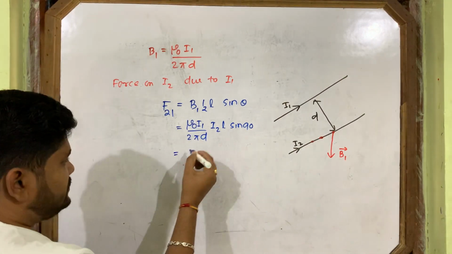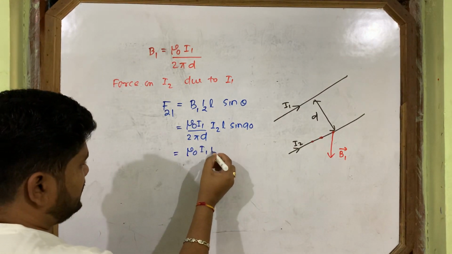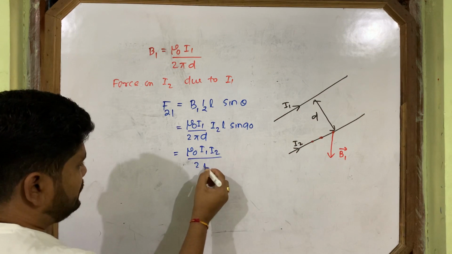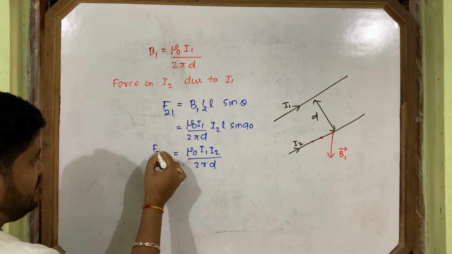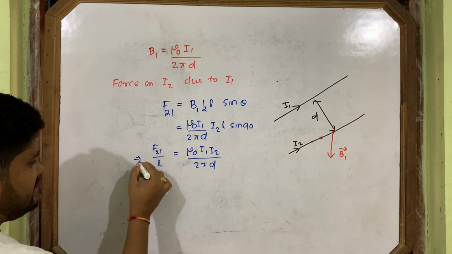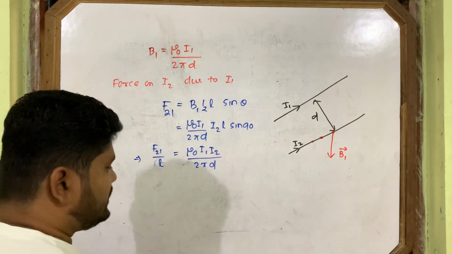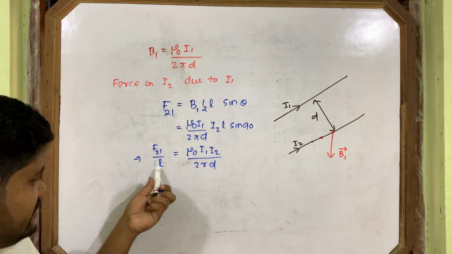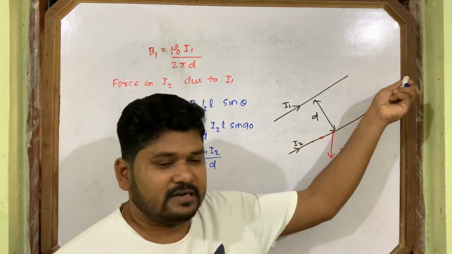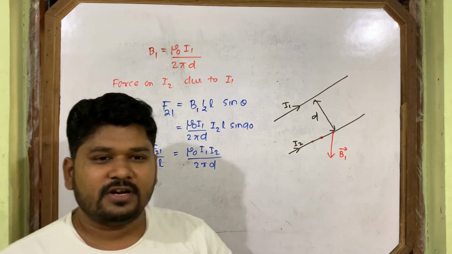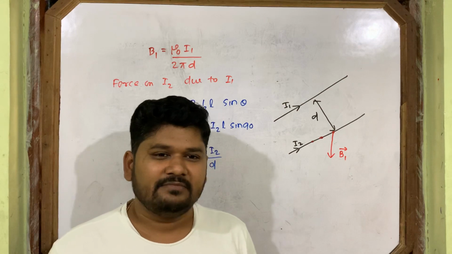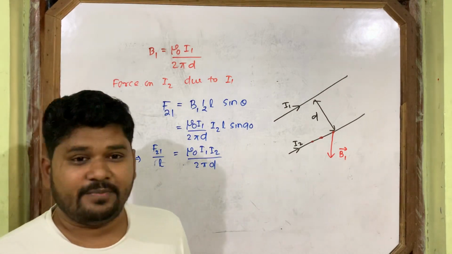So mu naught I1 I2 divided by 2 pi d, but I am bringing the length to this side. Sine 90 is 1. Why am I bringing the length to this side? Because it is an infinite conductor. Force on the conductor doesn't matter. That is not important.